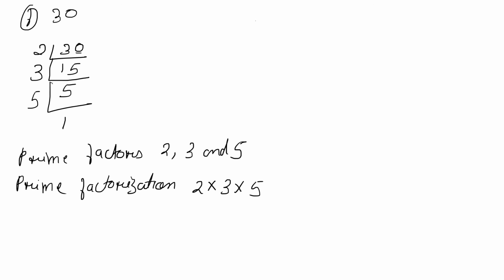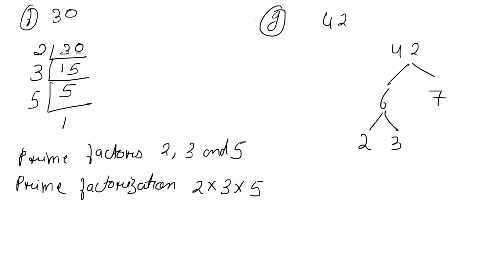Now number G, that is 42. I will do it with the tree method. So 42. So 6 7's are 42. Now 7 1 is 7, no need. Yes, 2 3's are 6. Now we got the prime numbers. 7 is a prime number.